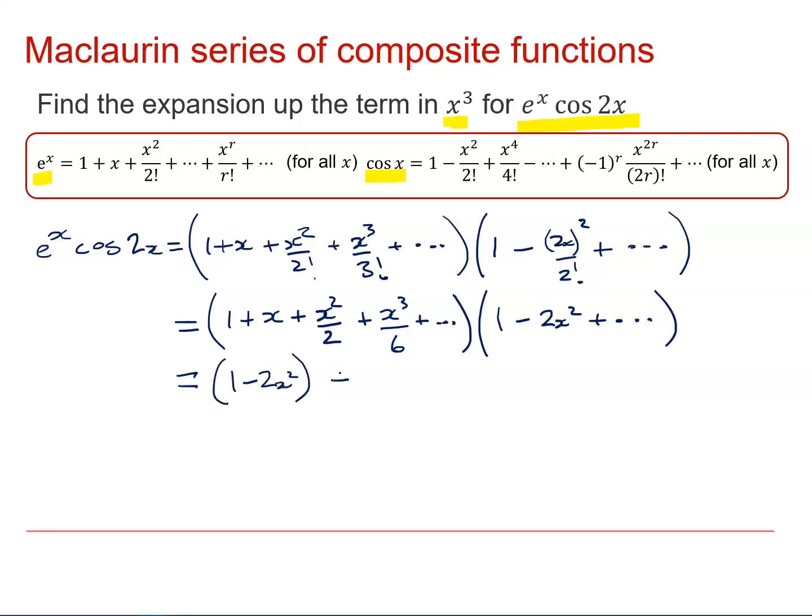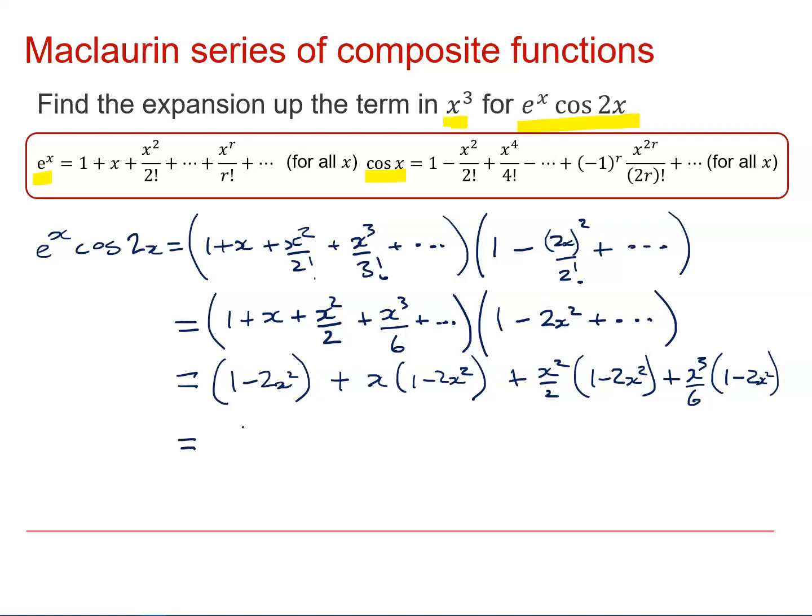And then I'm going to get plus x times all of those things, and then x squared over 2 times all of those things, and the x cubed over 6 times all of those. And I don't need to consider anything larger in that bracket there.